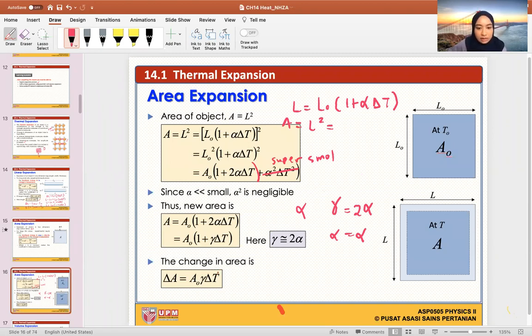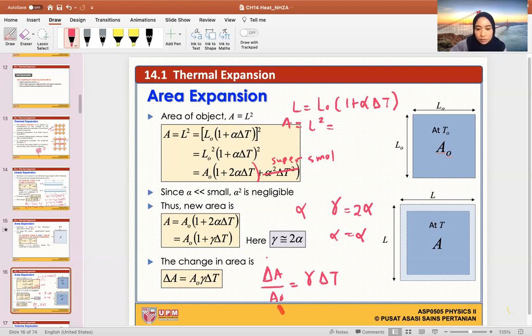The change in area is delta A equals A naught gamma delta T. It's the same as the equation we saw earlier. So gamma delta T, we have seen this earlier.